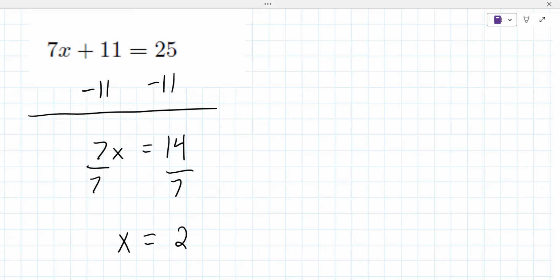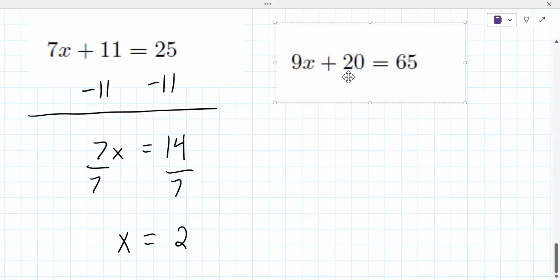Let me give you one to try here, and then we'll move to some more difficult ones. All right, so give this one a try, please.